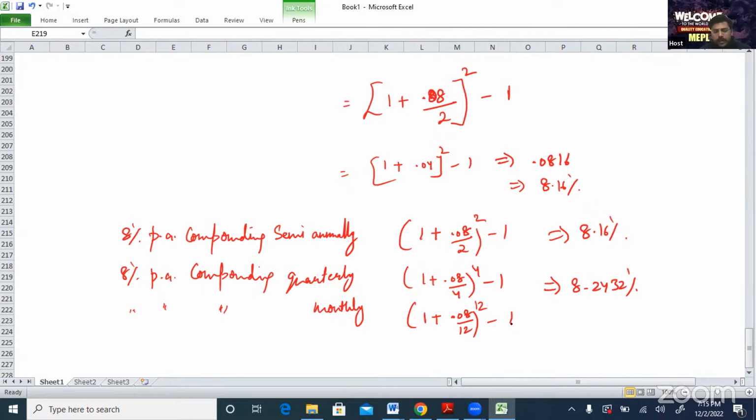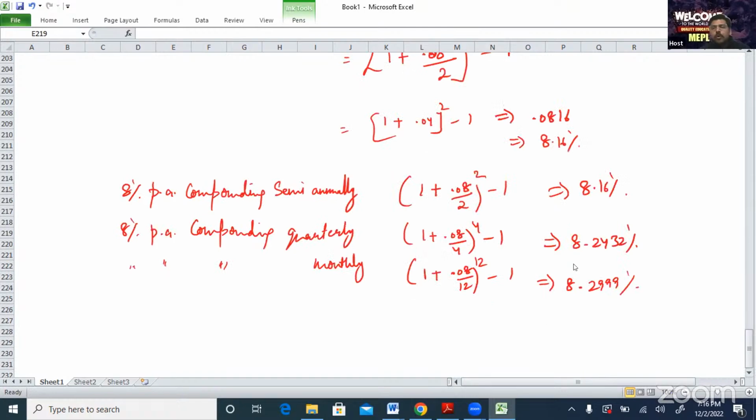Then y raised to the power x, 12, and then minus 1. So it is giving me 8.299%. So logically you can see, as you are increasing the number of compoundings, your effective return is also increasing. So that is the concept of effective return.